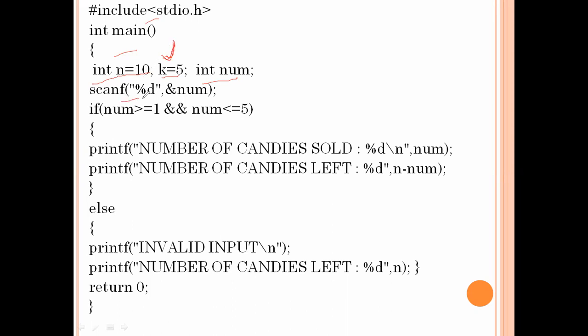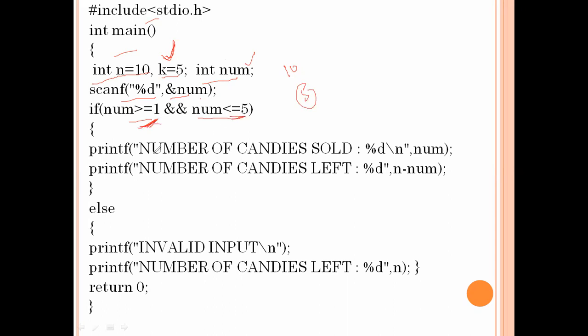So first we enter the number, how many we sold. That is the number, num. We check whether num is greater than or equal to 1 or not. Yes. And num less than or equal to 5 or not. Yes. Total 10 is there, only 5 we will sell. So that's why here we write num greater than or equal to 1 and num less than or equal to 5.